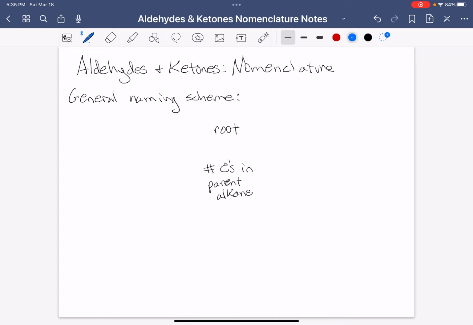And then we'll have a suffix, which is going to be the functional group. Of course, we also had prefixes, which indicate substituents.